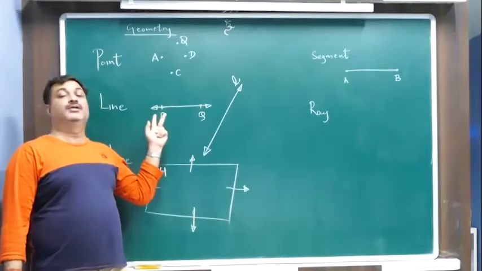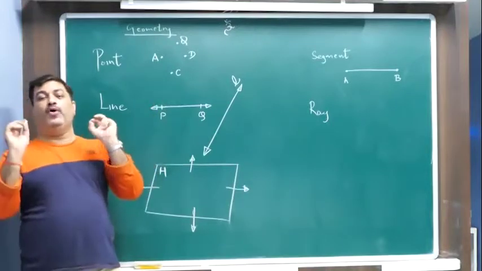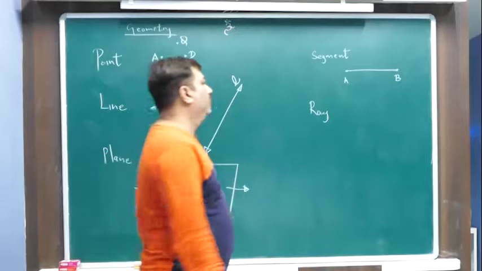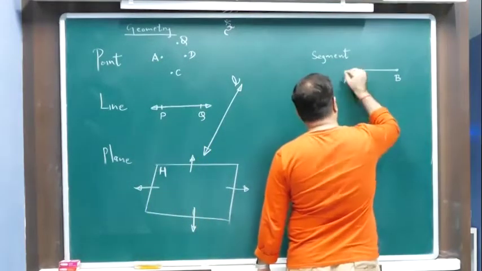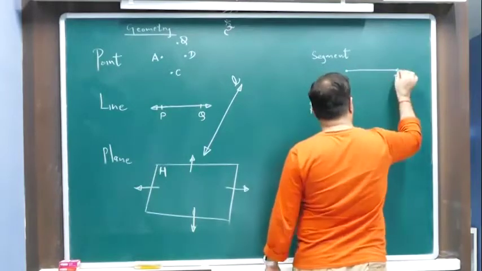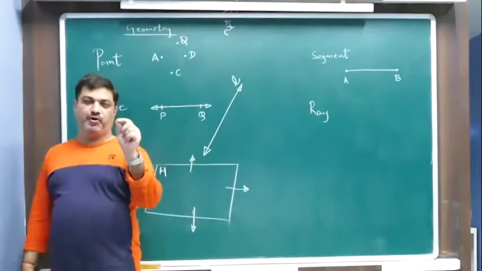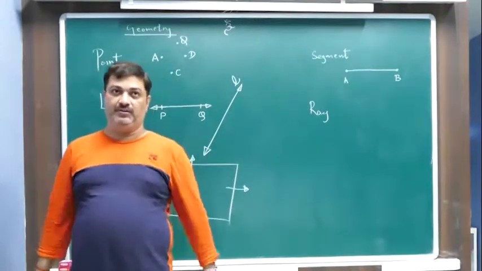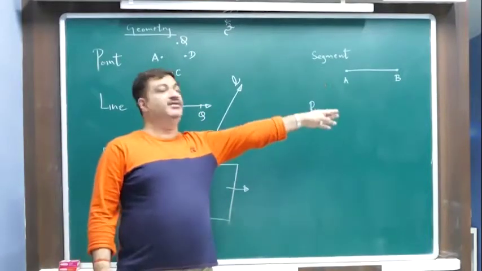The difference is this has arrows on both sides and that has got a point on both sides. Is that clear? So, whenever there is a point on both sides, it means there is a fixed starting point A and there is a fixed ending point B. Clear? So, it has got a fixed starting point A and a fixed ending point, that is point B. Clear? So, point A is the starting point, point B is the ending point.